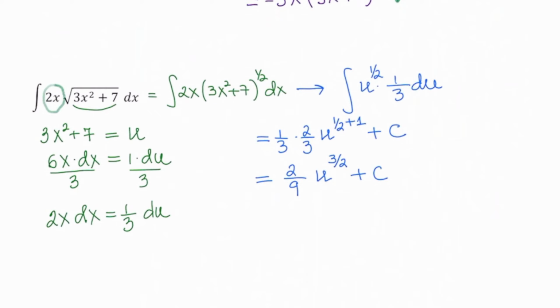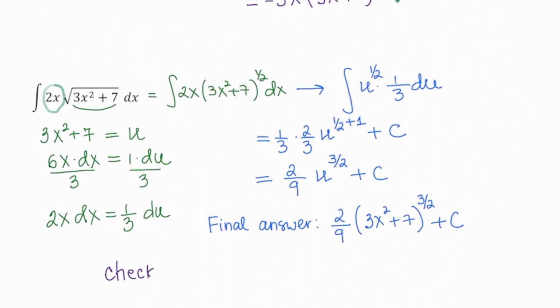And then the final answer, remember, we need to write it in terms of x. So that's going to be 2 over 9 times, and what is our substitution? 3x squared plus 7 raised to the power 3 over 2. And then don't forget our constant. So that is our final result. I'm going to go ahead and let you check.